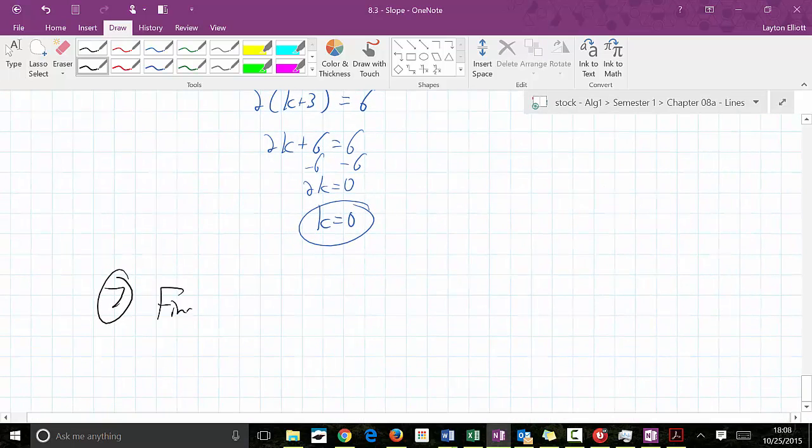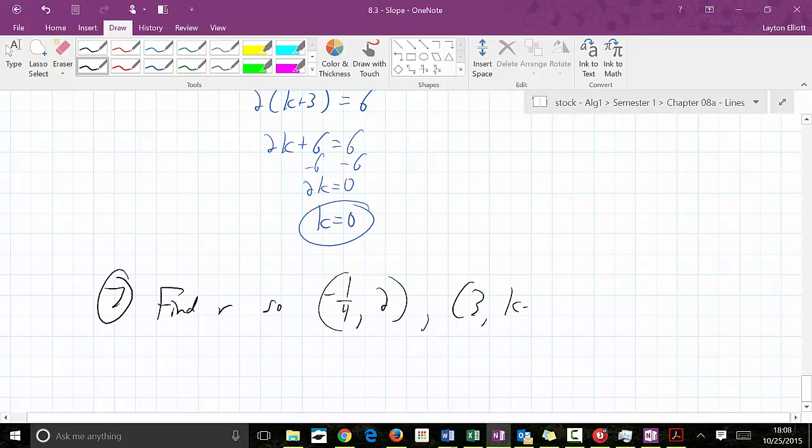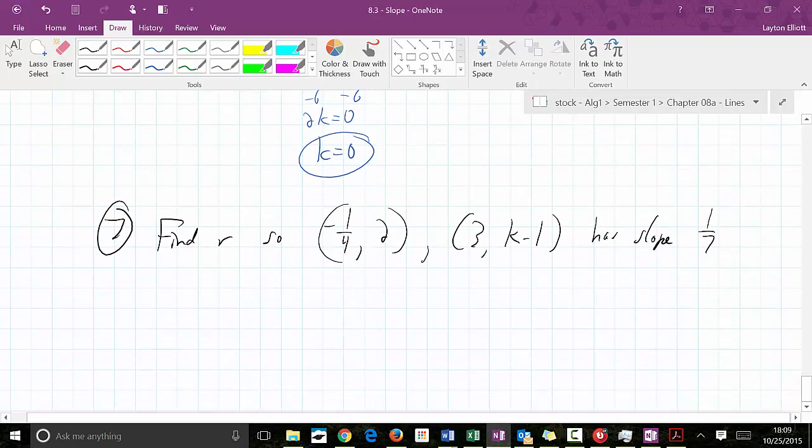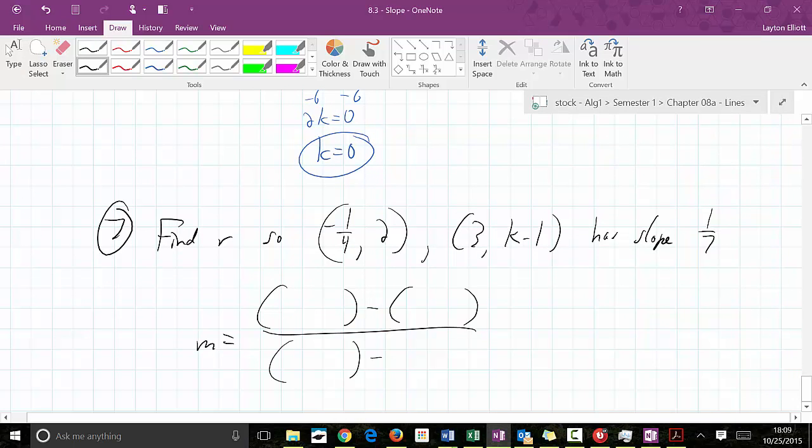We're going to find k, so (negative 1/4, 2) and (3, k minus 1) has slope of 1/7. So I'm going to do the same thing. My slope is equal to change in y over the change in x.